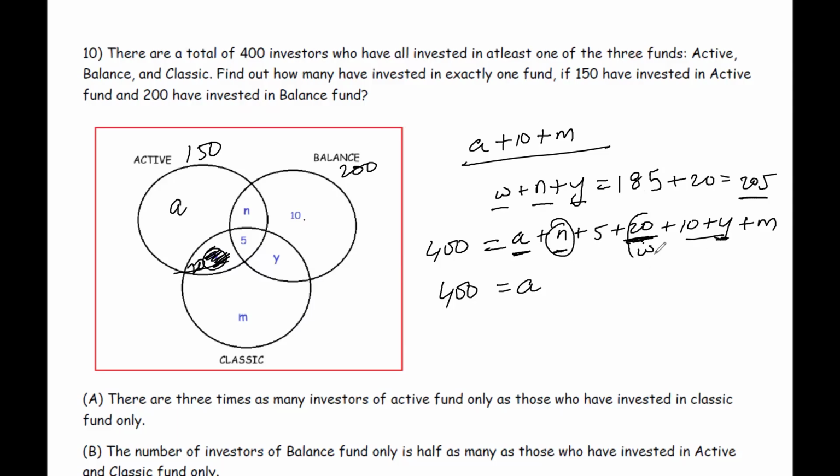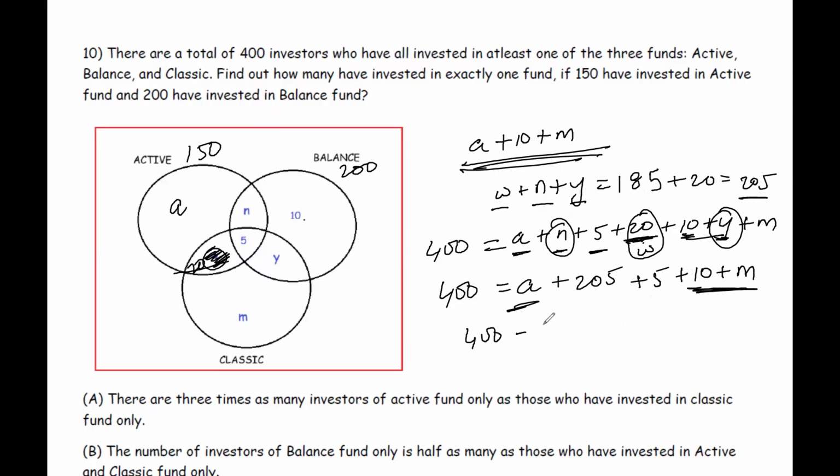So this, and this is 205. So A plus 205 plus 5 plus 10 plus M. All right, and we need to find A plus 10 plus M. So A plus 10 plus M is this portion. So 400 minus 205 minus 5 is equal to A plus 10 plus M.